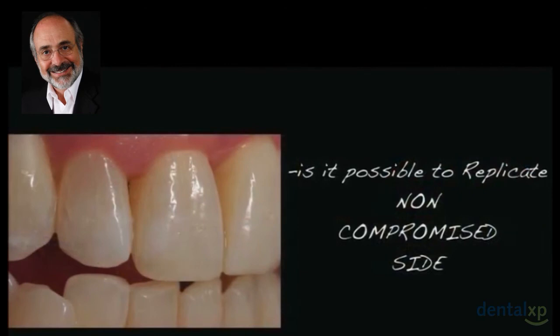So the question becomes, she's a young lady, can we make the left side look like her right side? How best do we go about it? Do we go through the process? We reconstruct it surgically?